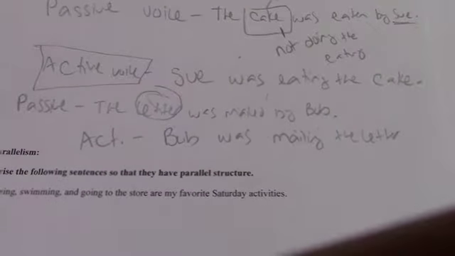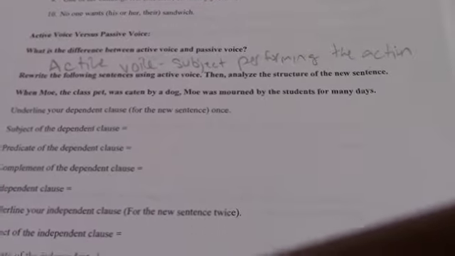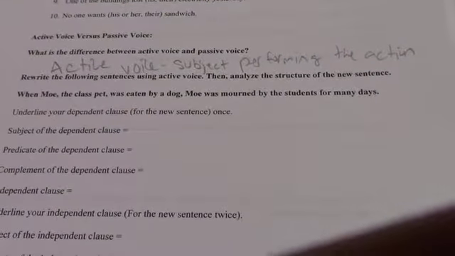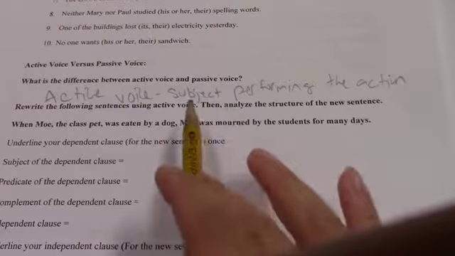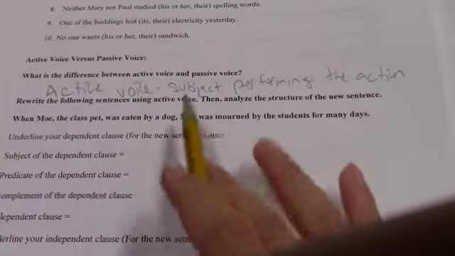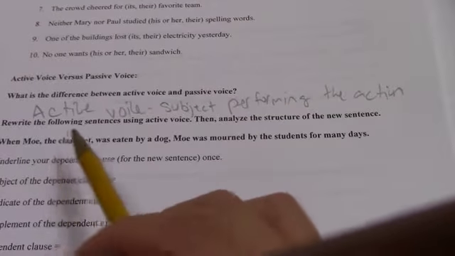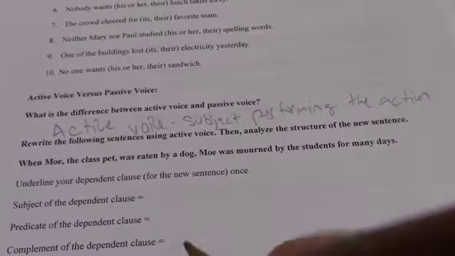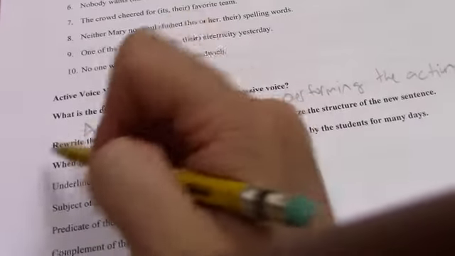Okay, so you have a couple of examples. If you don't completely have this down right now, that's okay. Mr. Jagels will pick up with it right when you begin Honors English, and you'll apply it more to your writing. You're going to be rewriting the sentence using active voice, and you'll analyze the structure of the new sentence. I'm going to give you a hint. You're actually going to have to make two changes.